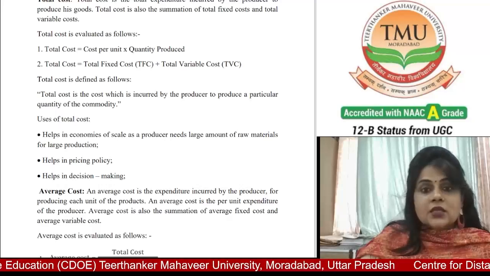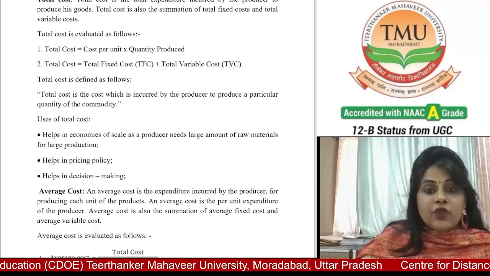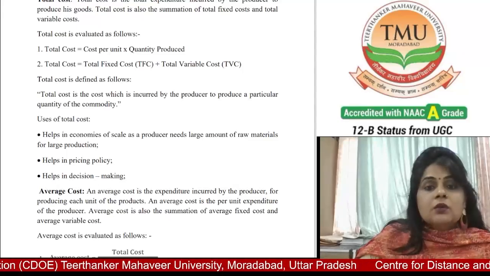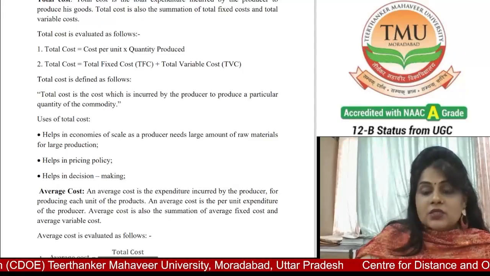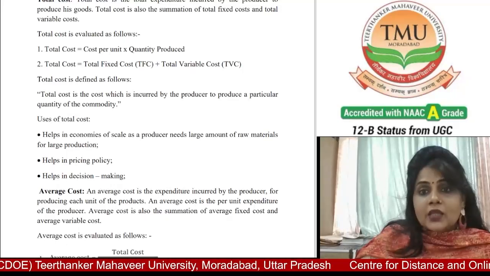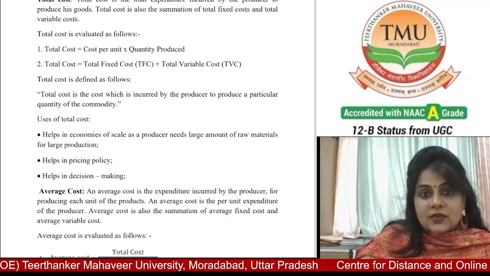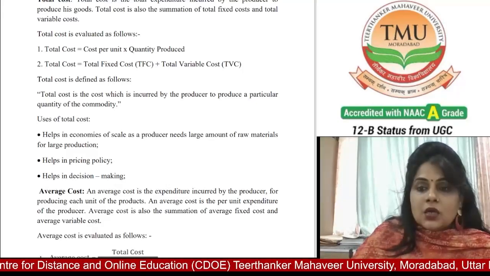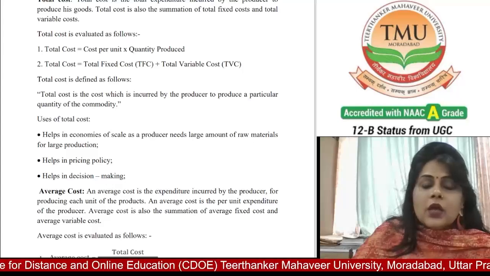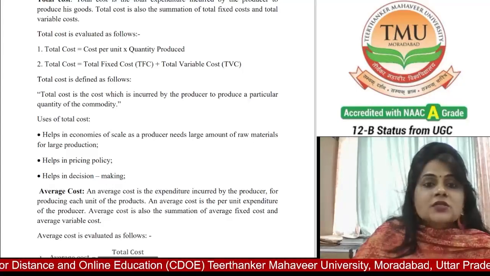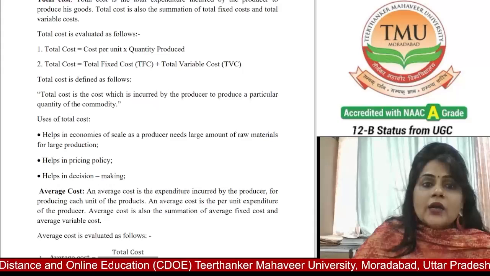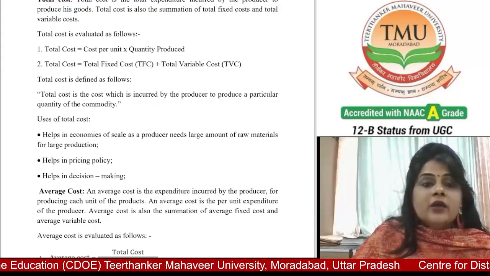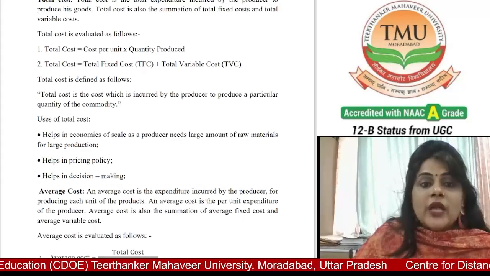So we can say that total cost is the monetary value of goods and services purchased by a producer to make any good or service. So the total expenditure incurred by an organization on the factors of production which are required for the production of a commodity is known as total cost.